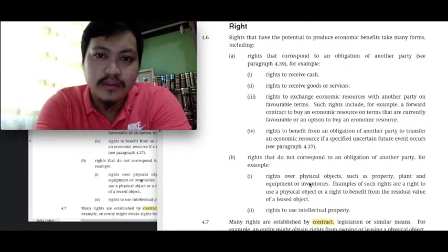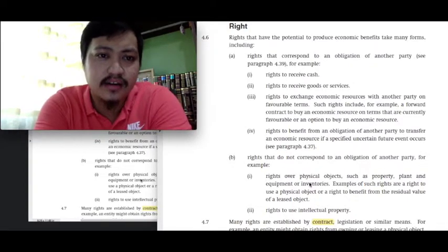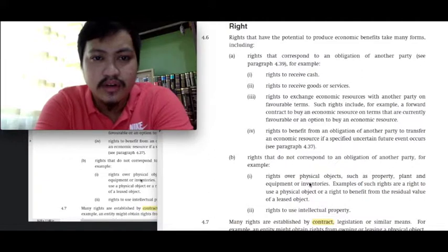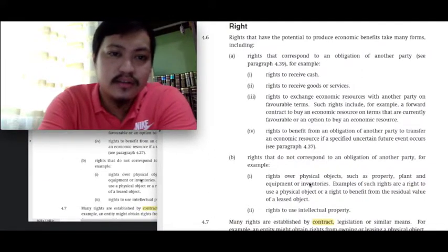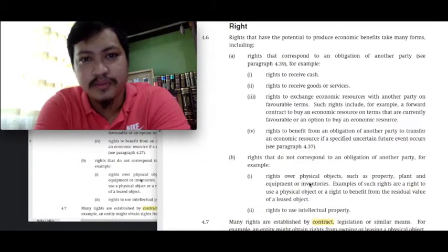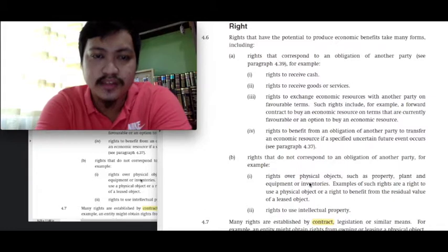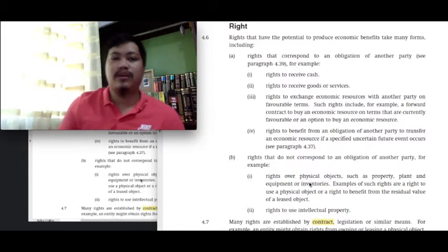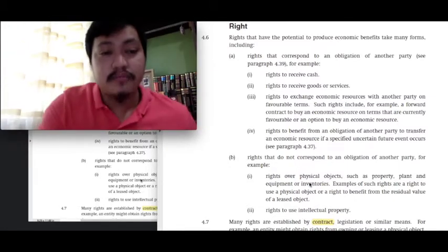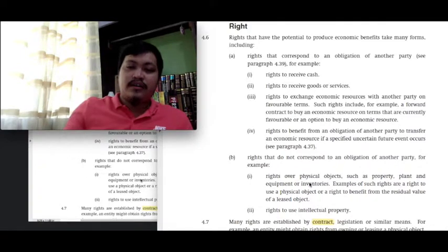One would say that assets are those properties or rights that you own or you possess. So basically, the same thinking is consistent with what the framework contains, that rights can be categorized into those that impose an obligation on another party for our benefit and rights over properties.